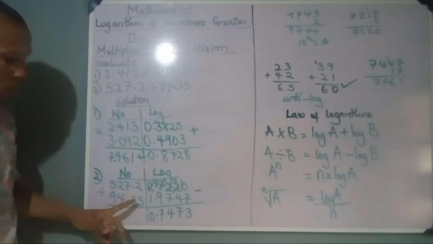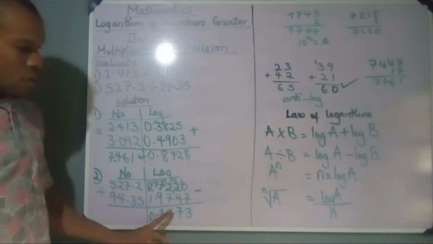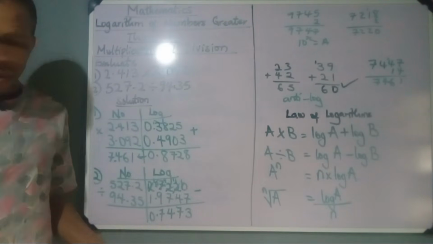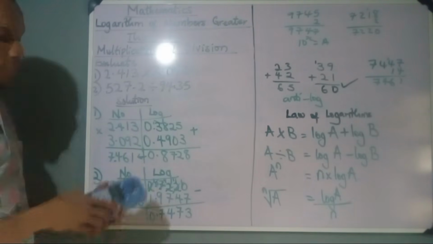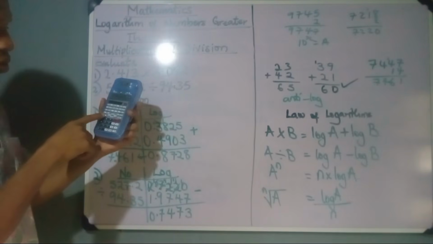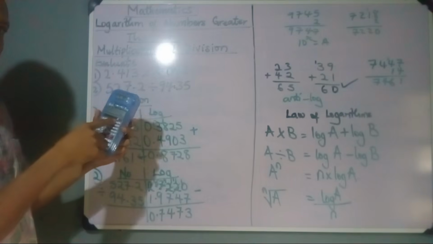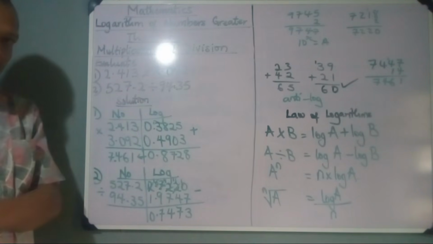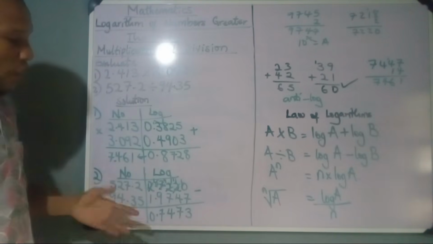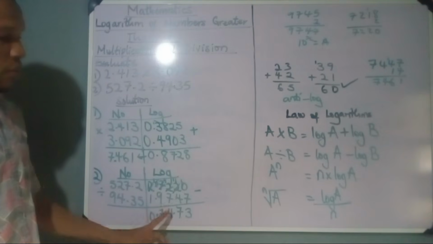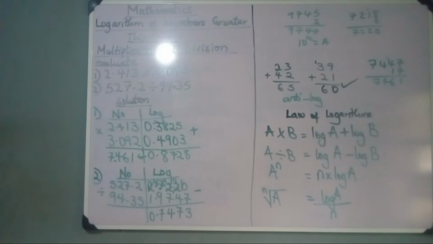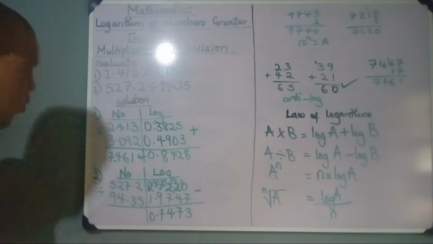Now, to get the actual value whose log is 0.7473, I'll find the antilog. With my calculator, I can either press shift log to get the antilog, or with my 4-figure table I can also find the antilog. Or I can still say 10 raised to the power of 0.7473. Since you're using the 4-figure table, I'll continue with that.